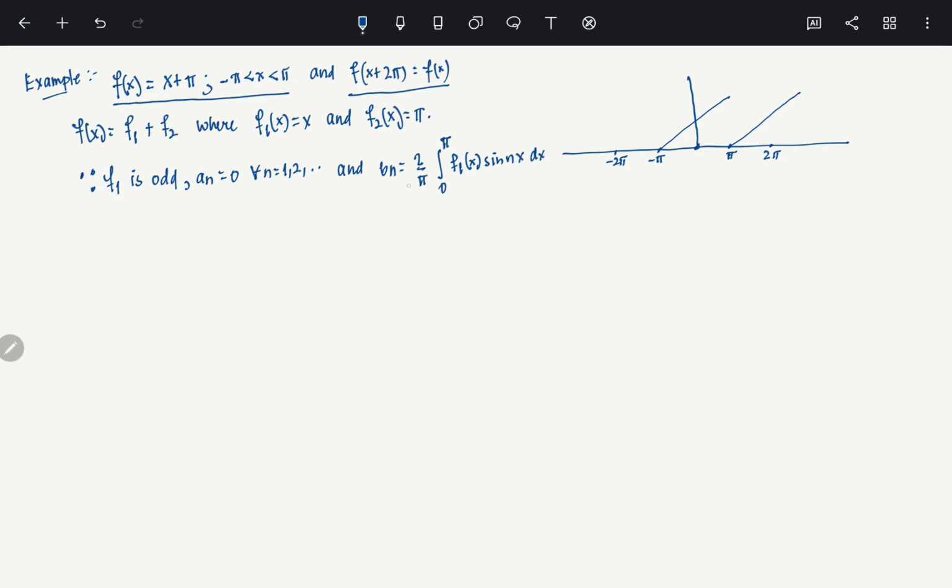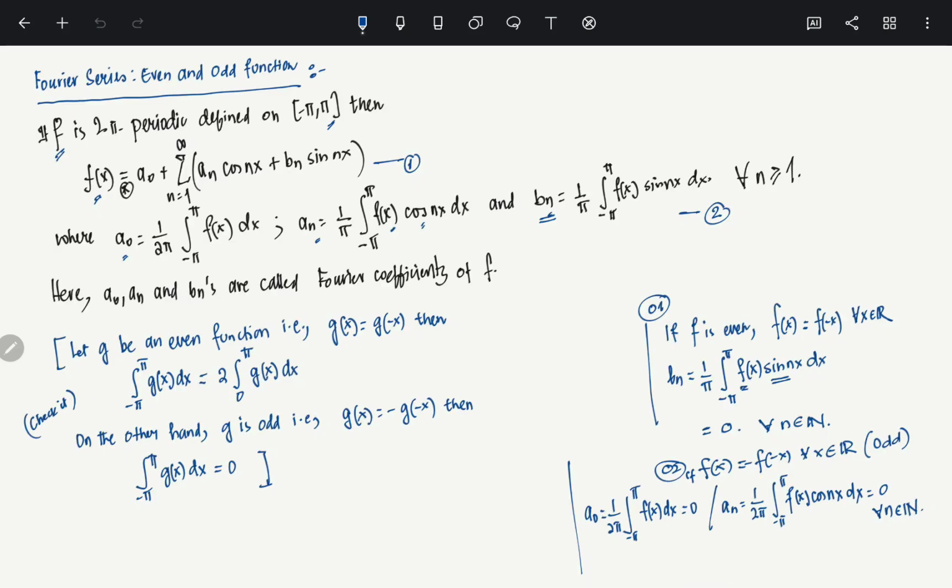See, bn is generally 1 by pi, but that is from minus pi to pi integral. But since this is an odd function, we can just do it between 0 to pi and then that 2 extra is coming, you see. You remember? See here, one second. I did not write it. Oh yeah, I did it.